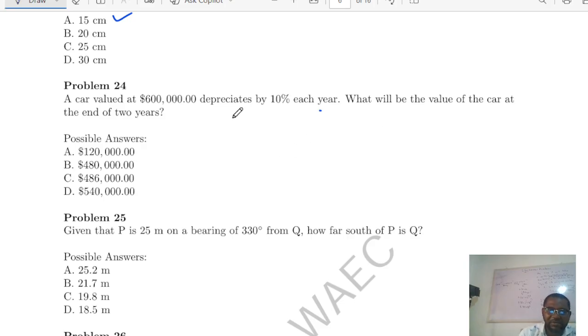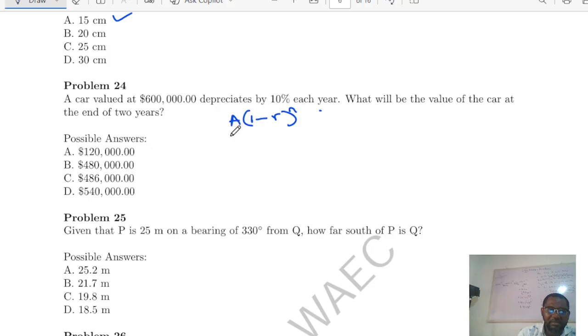So I'm going to use the formula A, or P, whichever, the principal, times 1 minus R, then everything raised to the power of n. Remember, minus is because of depreciation. If it was increasing, I would have said plus.